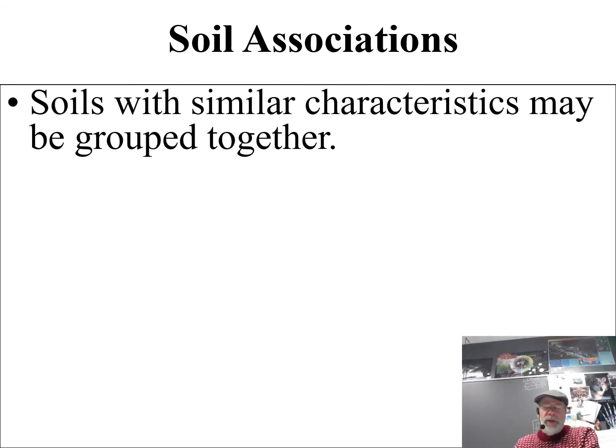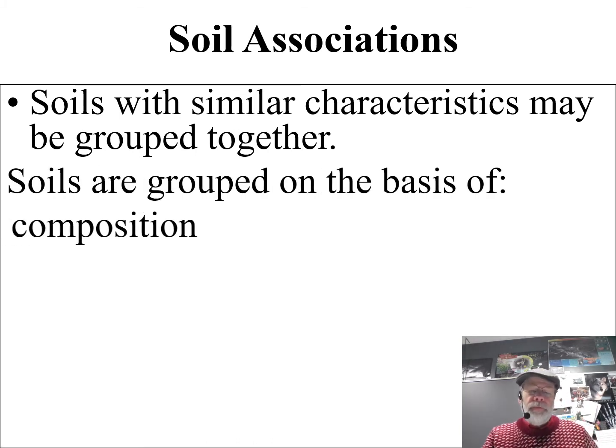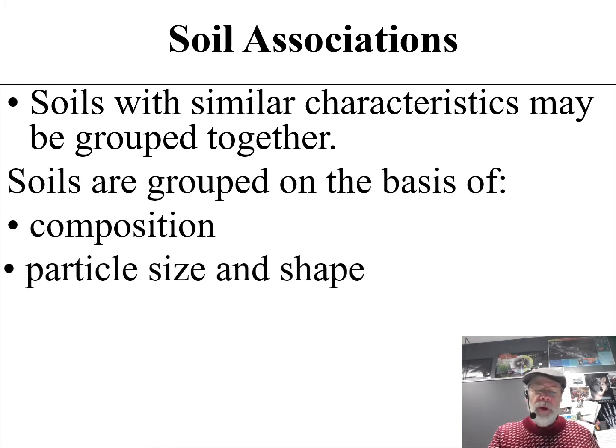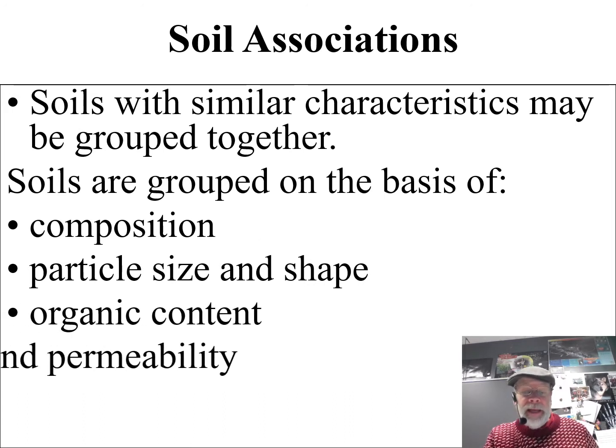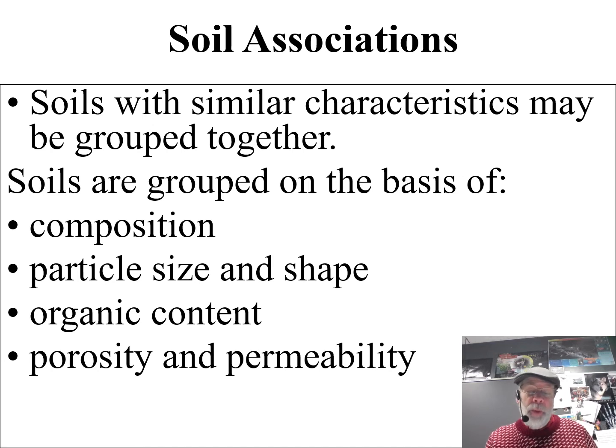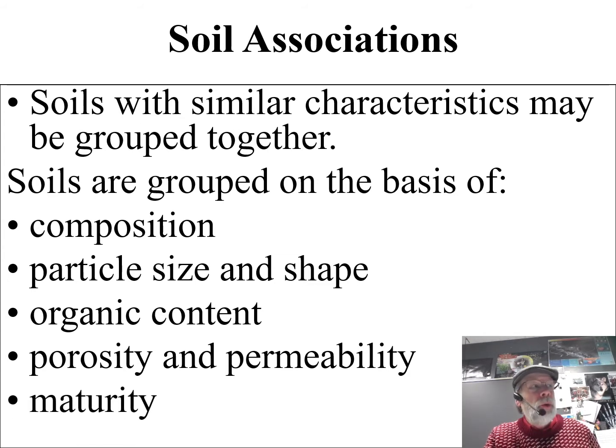So soils, we group soils with similar characteristics. Composition of soils, the particle size and shape of soils, the organic content of soils, and then porosity and permeability. We'll be talking a little bit about porosity and permeability. Those are two different words. And how mature a soil is.